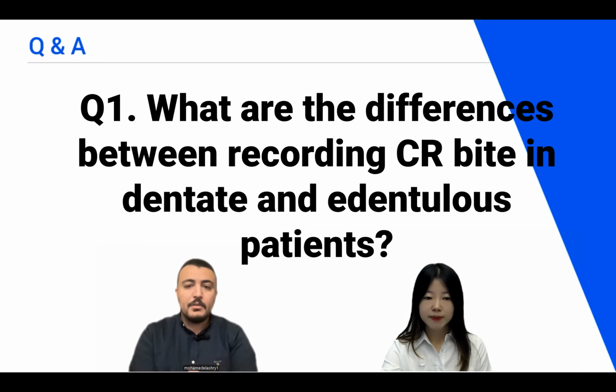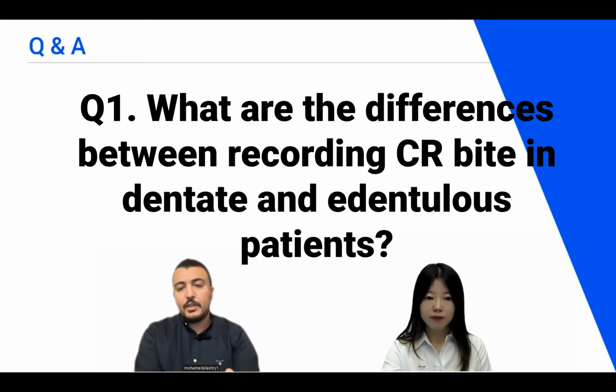So the condyle is not in a stable musculoskeletal position regarding the articulating surfaces. So our rule when recording the relation of edentulous patients is to make a device to record the relation in the anterior superior position of the condyle and in the vertical dimension.